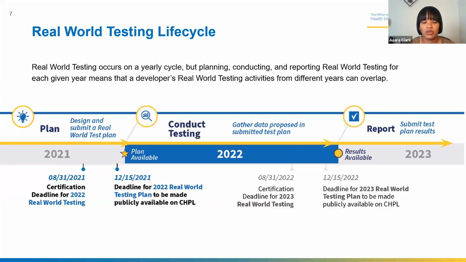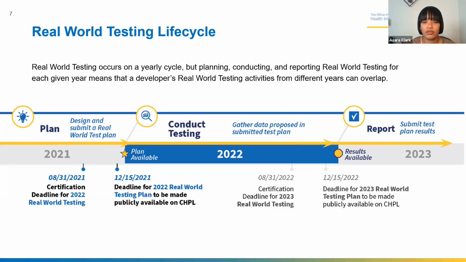Now, you're going to conduct your real-world testing throughout the calendar year of 2022, but this cycle is going to repeat itself again. And then August 31st of 2022, you're going to start planning for real-world testing and how you'll develop your plan for calendar year 2023 real-world testing.